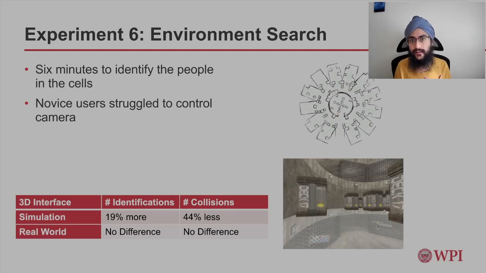The way the paper explains this is that the novice users were struggling to control the camera. It was complicated. There's a zoom feature, and so it seemed like it was more about how well the user could control the camera rather than which interface was better than the other.